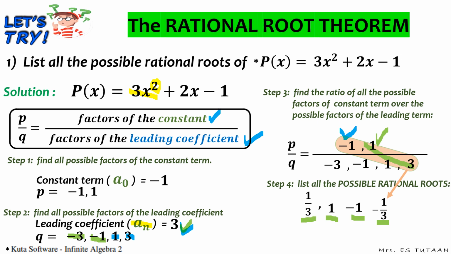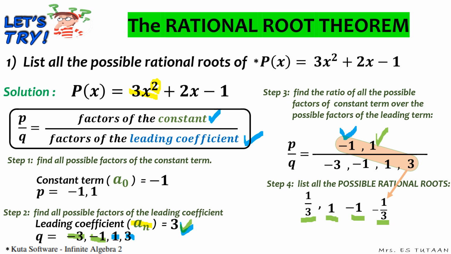So, okay na. So, dahil dyan, meron tayong apat na possible roots, possible rational roots. Ibig sabihin yan, lahat ng real roots ng polynomial function 3x squared plus 2x minus 1, lahat ng possible roots na yan, diyan lang makikita sa apat na integers na yan.